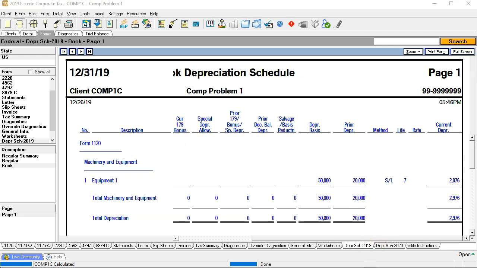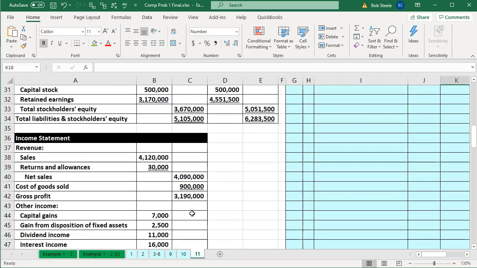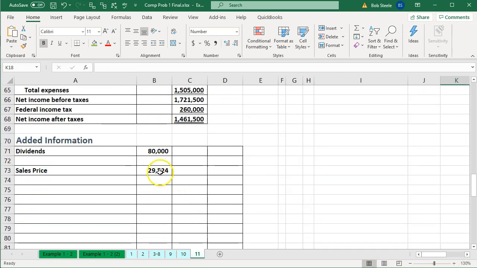And if we look at the transaction, how much did it sell for? We're going to say, in our case, 29,524. We look that up in the transaction in the GL if it was in practice. Minus the 29,524.